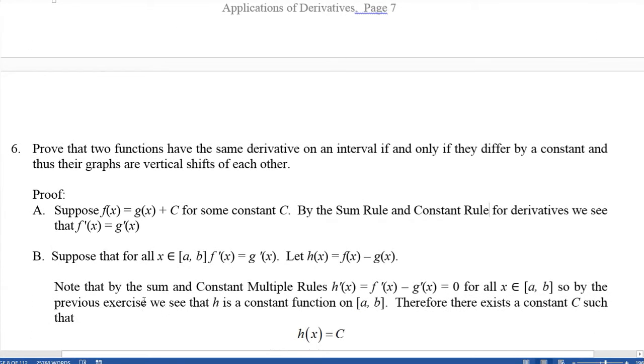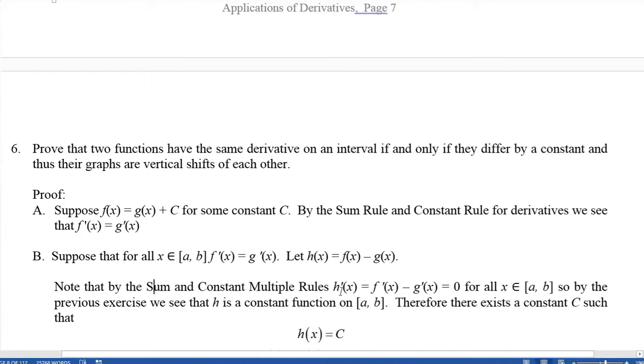Let's reverse it now. Suppose that for all x in an interval from a to b, f prime of x equals g prime of x. Let h of x be f of x minus g of x. Now by the sum and constant multiple rules, we have that the derivative of h is the derivative of f minus the derivative of g.